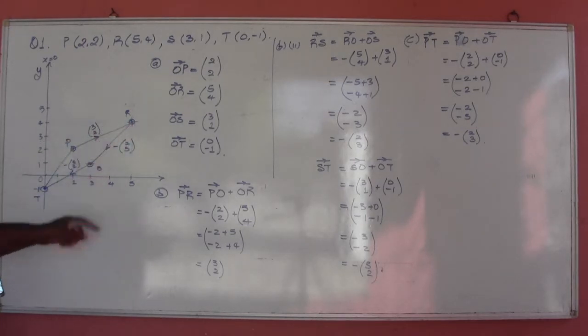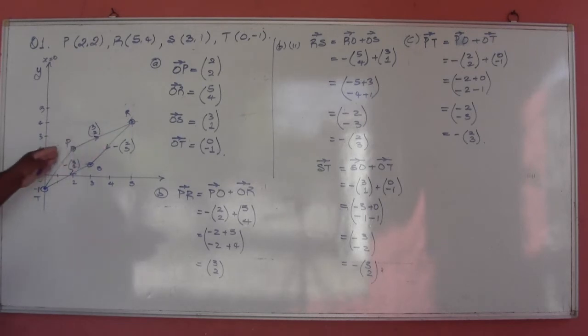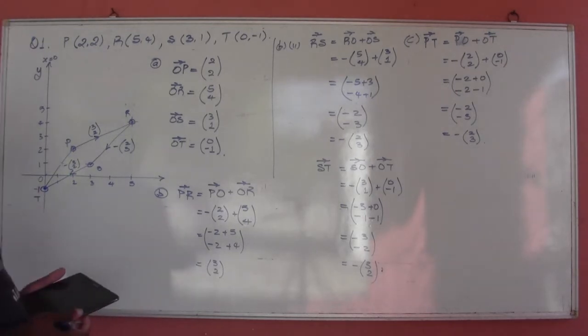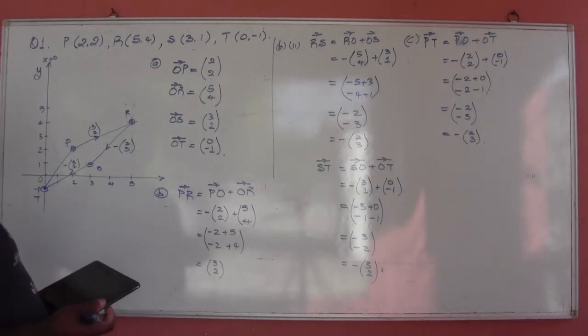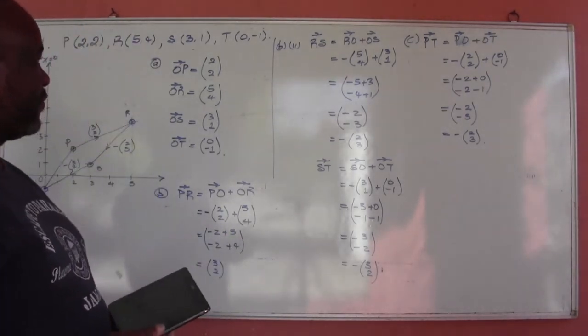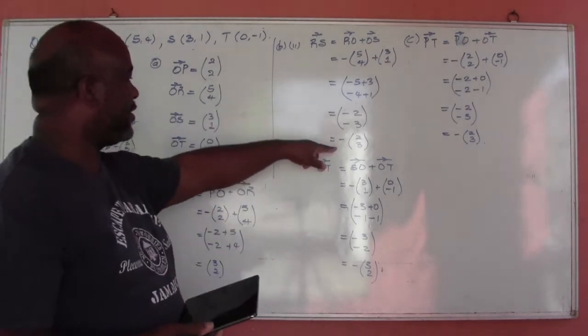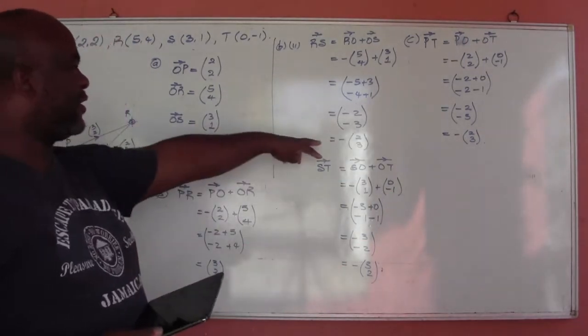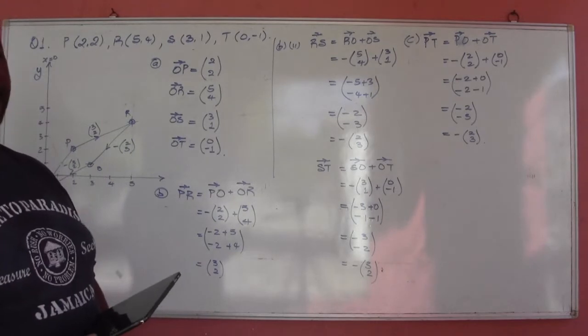and RS. We can see that PT and RS are opposite sides. If you look carefully, PT is over there and RS is here. You can see that these two are equal vectors.